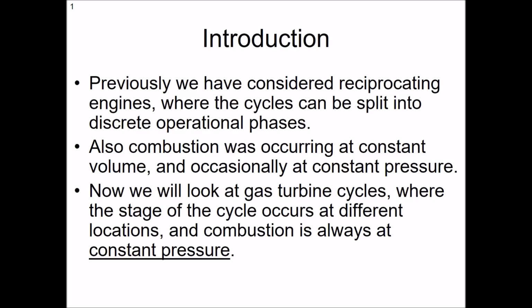So a lot of people have difficulty getting their head around that, because we're adding heat, we're causing the gases to expand, but the pressure isn't changing. And that's one of the unique features of a gas turbine, and that's one of the unique features of the Brayton cycle. So if you want to take away some key information from this lecture, one of the key things you need to learn is that in the Brayton cycle and in gas turbines, in the practical sense, heat addition occurs at constant pressure. Okay, let's keep going through the introduction.